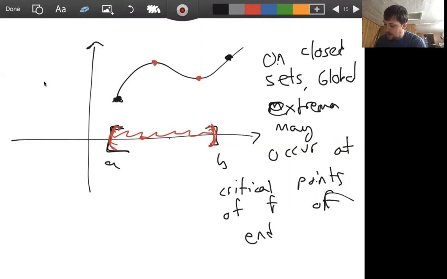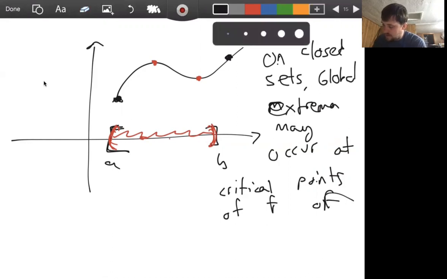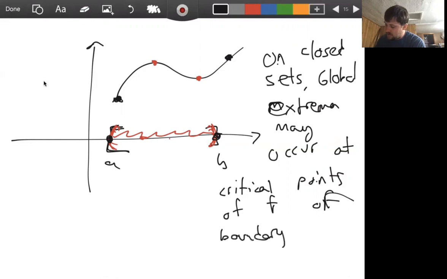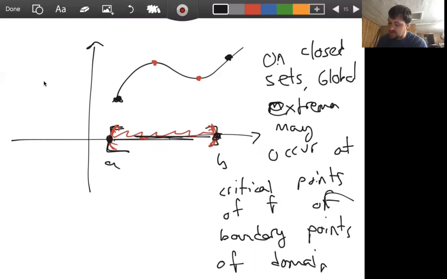And I want to say boundary points here. The boundary of this interval is the two endpoints. So they may occur at the critical points of the function or boundary points of the domain, because this is the domain here. Like in this example, the domain is the closed interval from a to b.